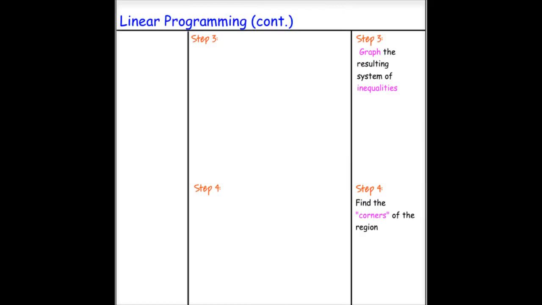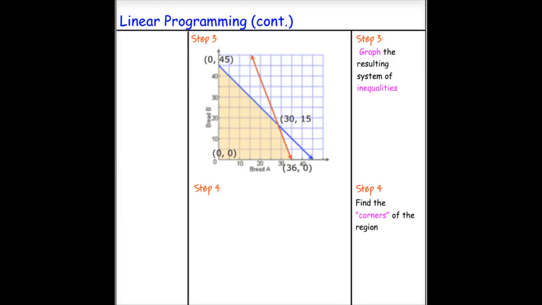So what I've done is I've gone ahead and created the graph for you, and I've noted my points of the corners for the region, which are here, here, here, and here.